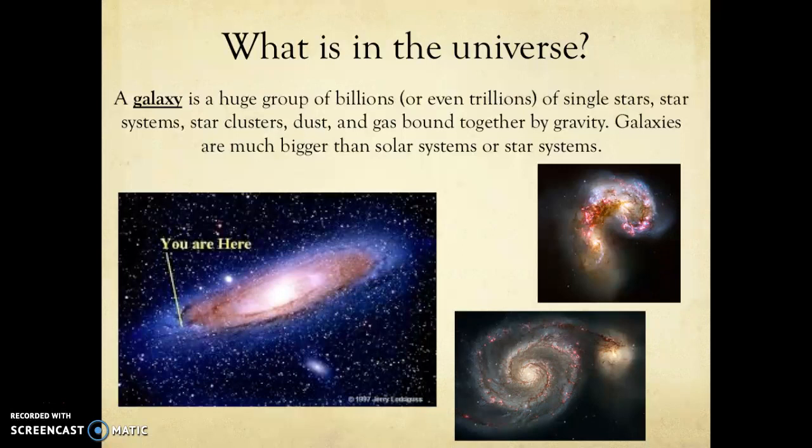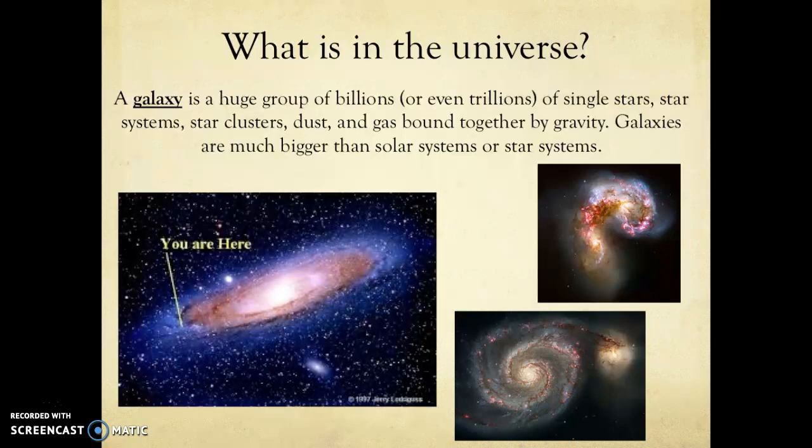Now, galaxies are much, much bigger than solar systems or star systems. If you look in the larger picture below, the one that says "You are here," that is a picture of our galaxy. That's the Milky Way. Where it's pointing, that's where our solar system is.